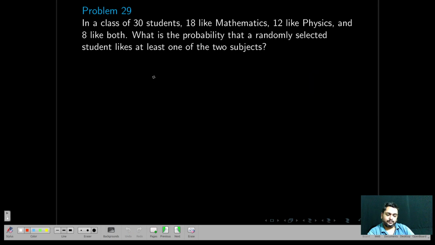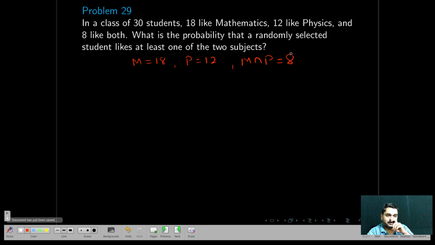Next, in a class of 30 students, 18 like mathematics. So let's say mathematics equal to 18, physics equal to 12, and 8 like both. 8 means M intersection P, like both.